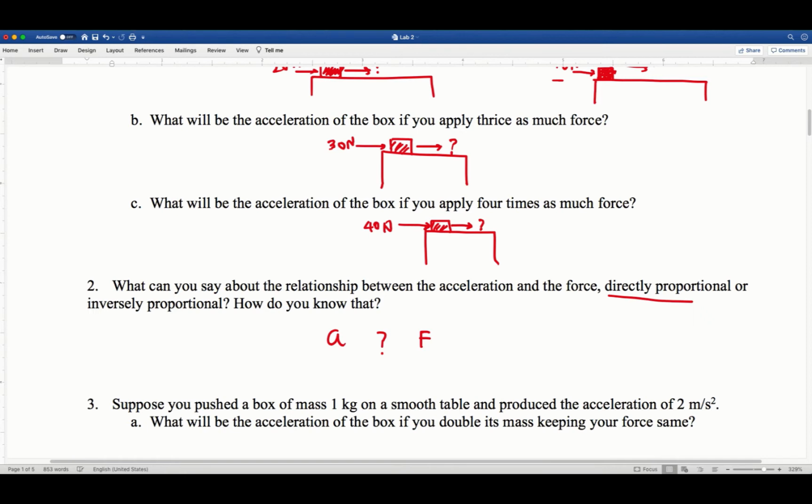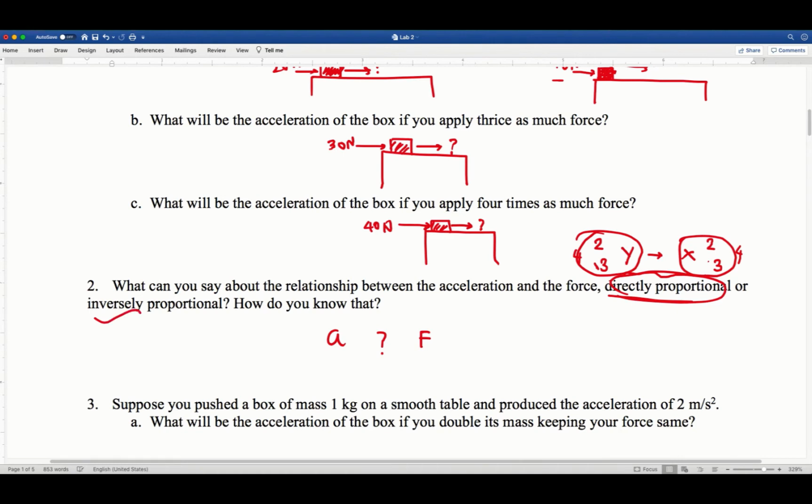A direct relationship is when you increase x, y also increases in such a way that if you double x, y is also doubled. If you triple x, y is also tripled. If you quadruple x, y is also quadrupled. So this kind of relationship between x and y is called direct relationship.